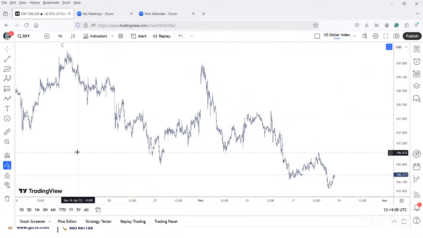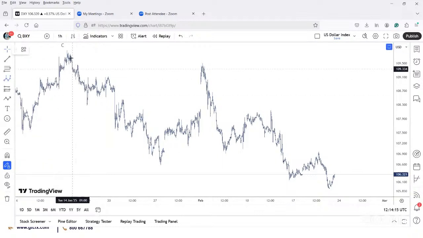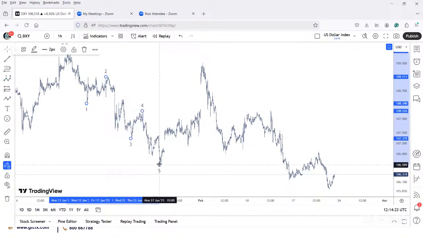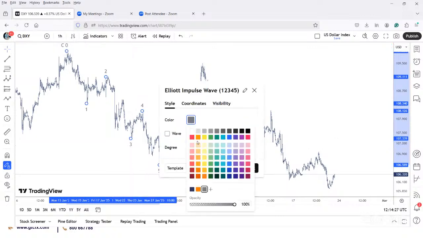We'll find out a trade there. Once again, the Elliott wave minute degree counts are quite clear on the hourly. So we've got the first impulse, not only the first impulse, but a corrective wave also complete.